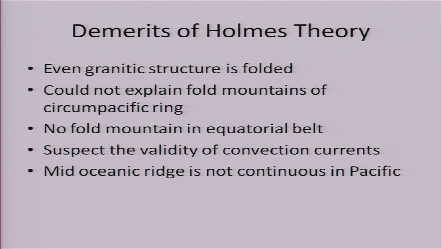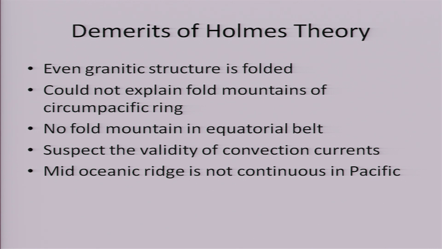Now, demerits of Holmes theory is that since the mountains were formed out of sediments, so mountains should have sedimentary rocks, but there was granitic structure also which was folded, and Holmes could not explain why there is granitic structure in the fold mountains.